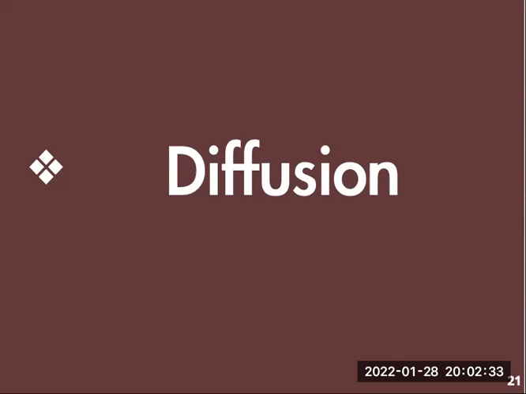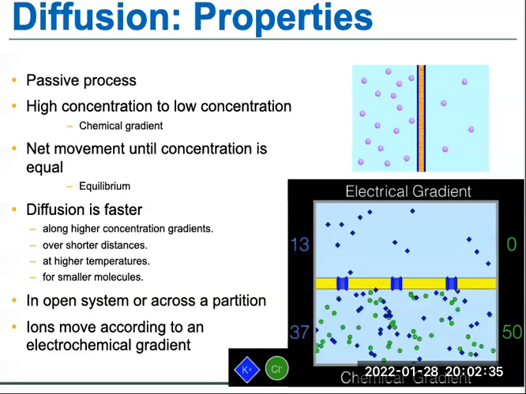We're first going to talk about diffusion. So some properties of diffusion. When molecules start out concentrated in one area of an enclosed system, their motion causes them to spread out gradually until they distribute evenly throughout the available space. And this process is diffusion.